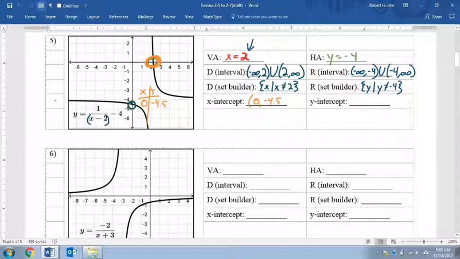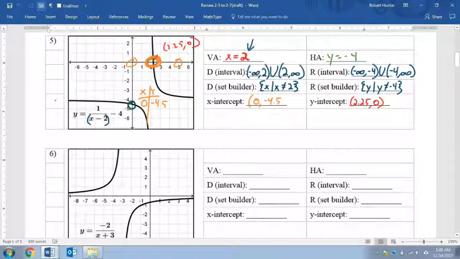So I picked a left bound of 0 and a right bound of 5, and it found it right here. At x is 2.25, y is 0. So my x-intercept is 2.25, comma 0. And again, if it gives you a ton of decimals like 2.2579438, just give me the first two decimals and be done with it. Cool?